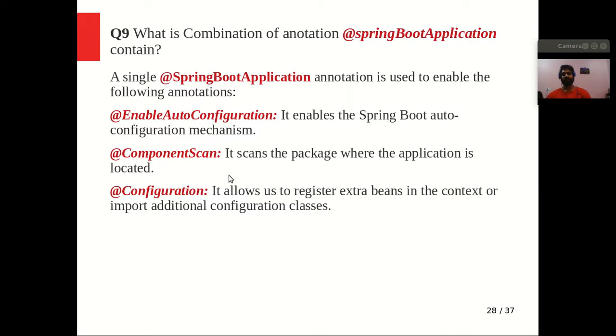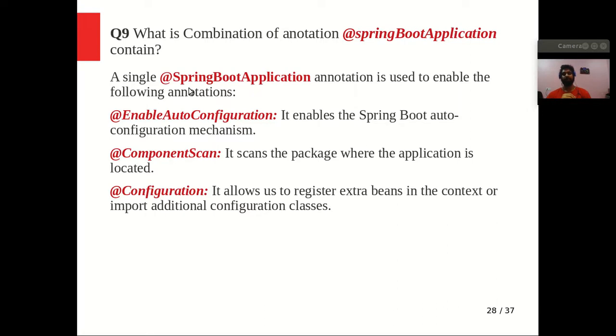And it consists of one more annotation, that is @Configuration. It allows us to register extra beans in the context or import additional configuration classes. So these are basically three annotations that come under a single @SpringBootApplication.